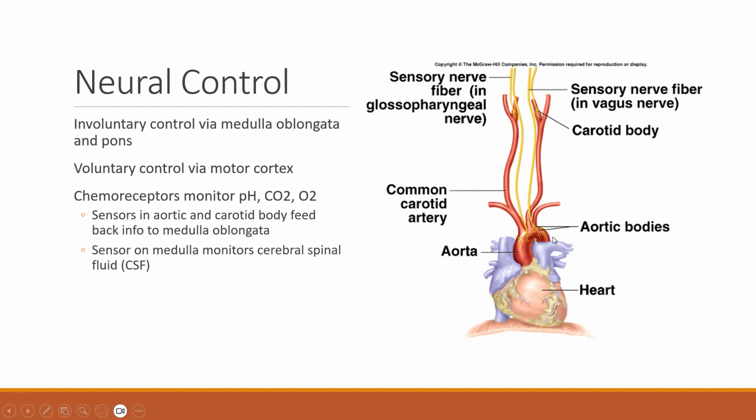Another question would be: what type of receptor feeds back to the medulla oblongata? And you would say chemoreceptors, or chemical receptors. And then this is in your notes. I've never seen a question on this, but you could always get one: the medulla actually has a sensor directly on it that senses your cerebral spinal fluid, and that lets it know whether you're getting the right pH, CO2, and oxygen.